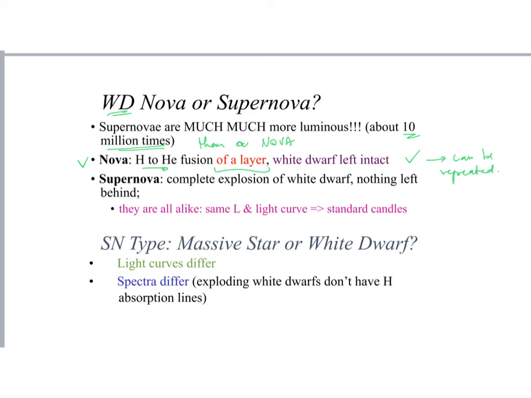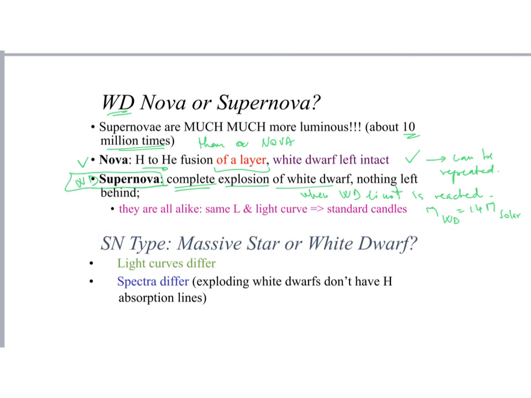However, when that white dwarf limit is reached, that is, the mass of the white dwarf is 1.4 solar masses, then there's going to be the complete total explosion, that white dwarf supernova. Again, white dwarf supernova, given that we are talking about two different types of supernova.